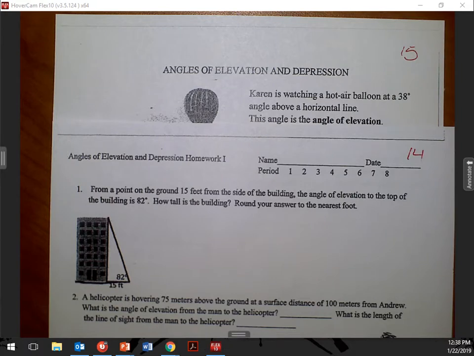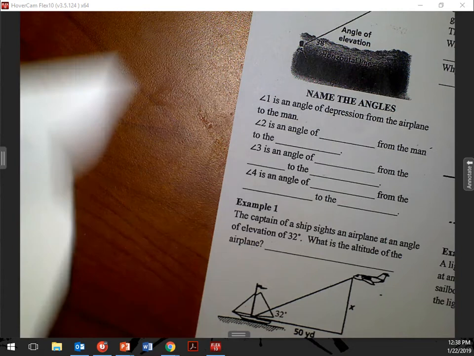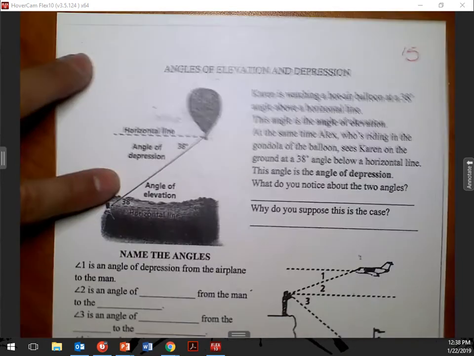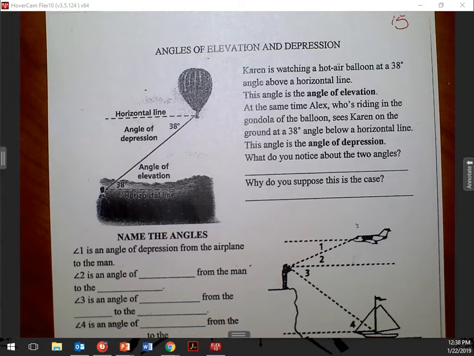All right, so today we have 14, 15. On my notes, page 15, it says angles of elevation and depression. I'm going to start with the word depression. Depression, you feel sad or you feel down, right?